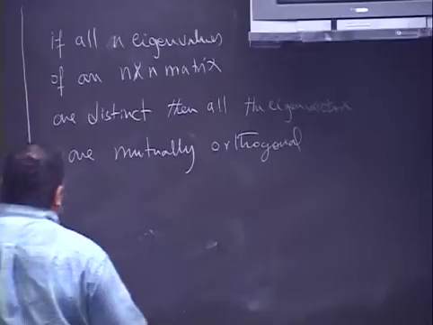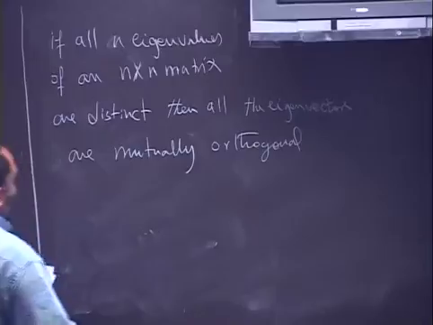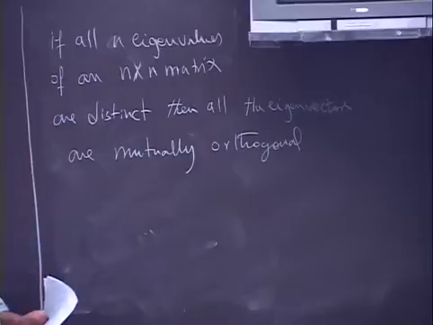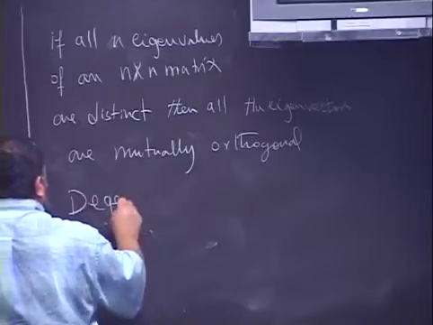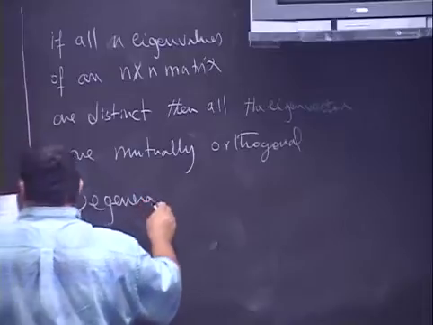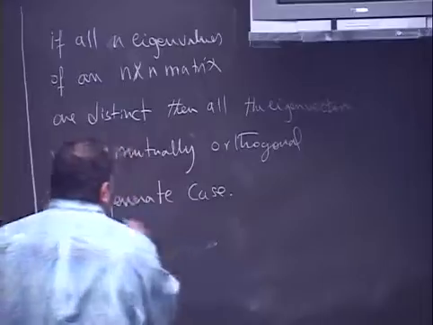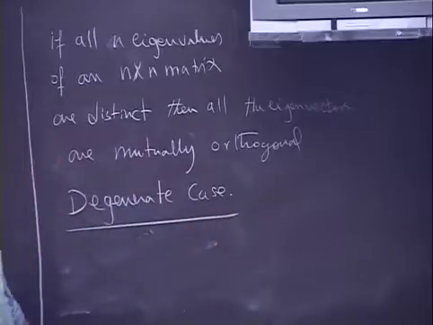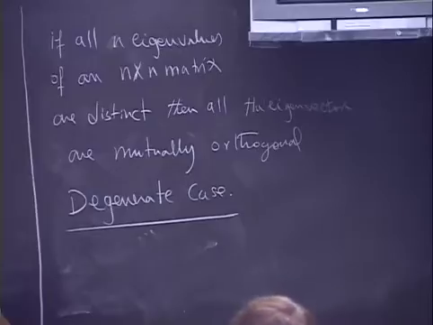So what if the eigenvalues are not distinct? So some of those eigenvalues are similar. In this case we will call it a degenerate case. Like in quantum mechanics, when you solve the Schrödinger equation, you usually get the eigenvalues and eigenvectors, and your eigenvectors will be what?